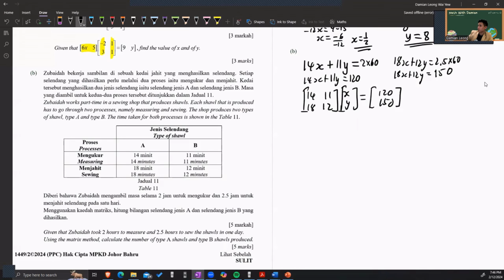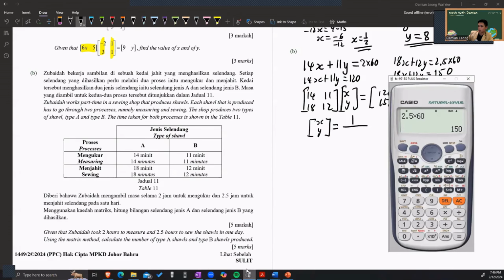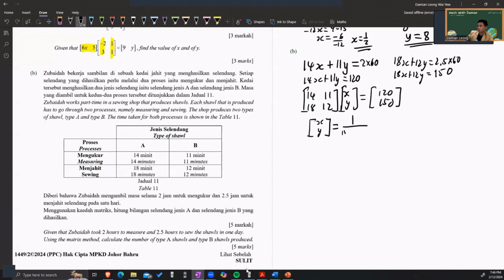So I multiply inverse in front so that I can find the xy. 1 over AD minus BC, 14 times 12 minus 11 times 18. Switch A and D, negative B and C, and times 120, 150.